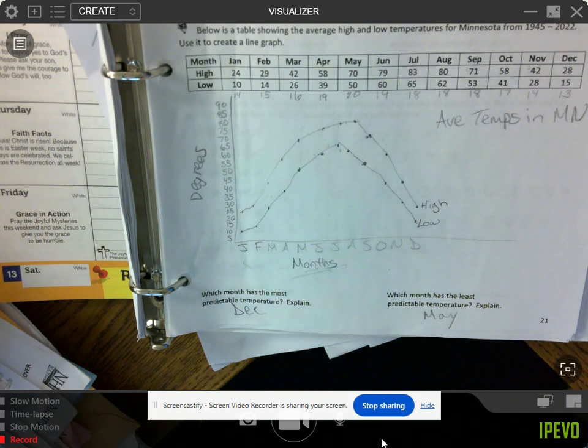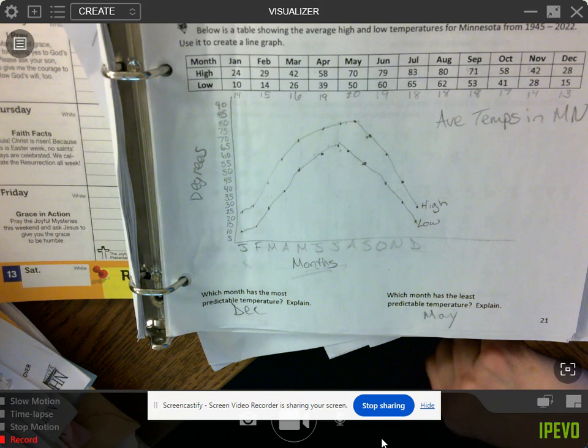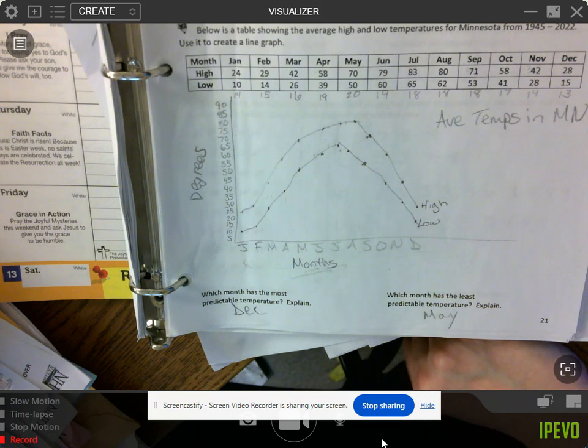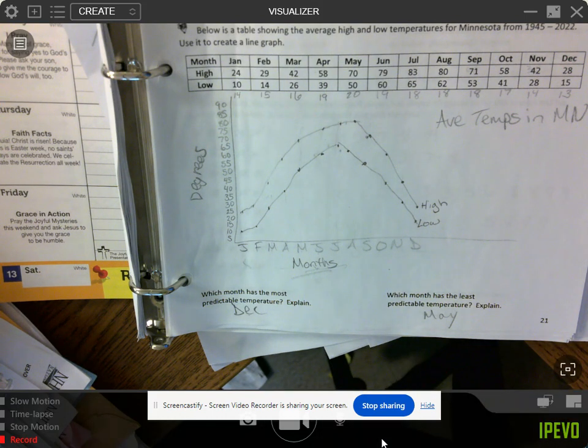I said January because it's usually cold. So when we are doing math, should we ever make random guesses? Well, it's usually cold in January. Was it this year? No, not really. So you actually had to look at the data.